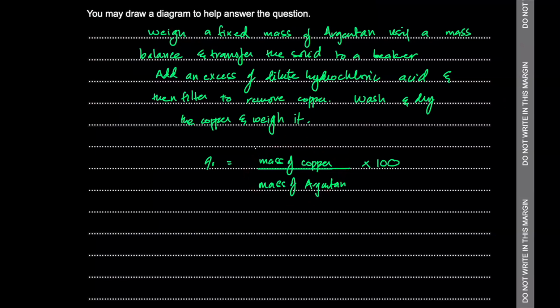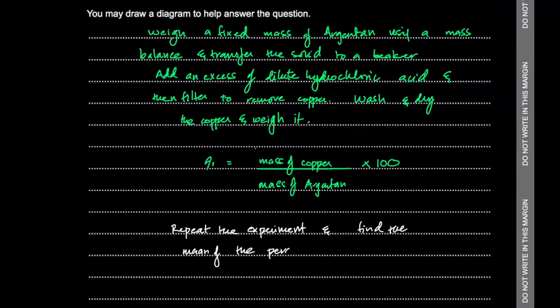Once you're done with that, you should repeat the experiment and take an average. Find the mean of the two percentages obtained.